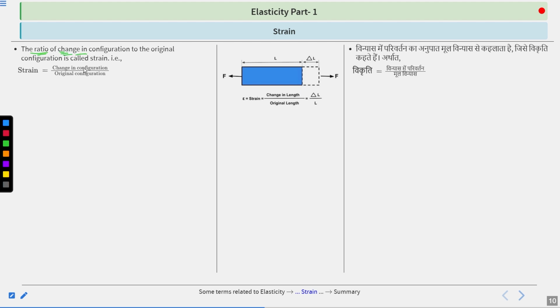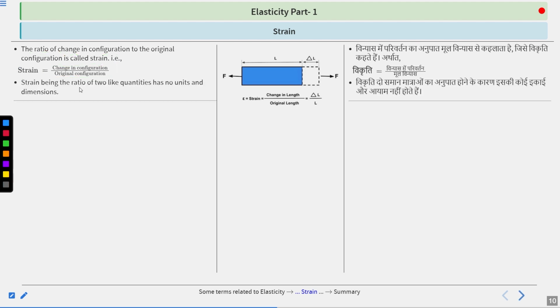Strain is equal to change in configuration by original configuration. Strain, being the ratio of two like quantities, has no units and also no dimension.